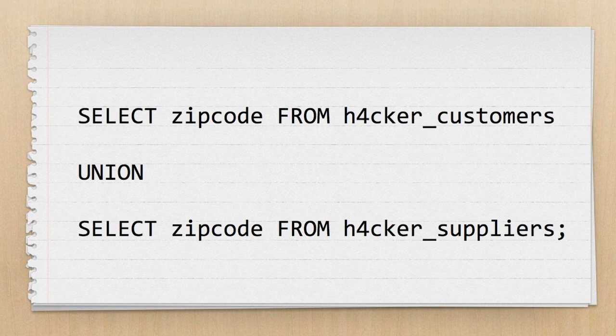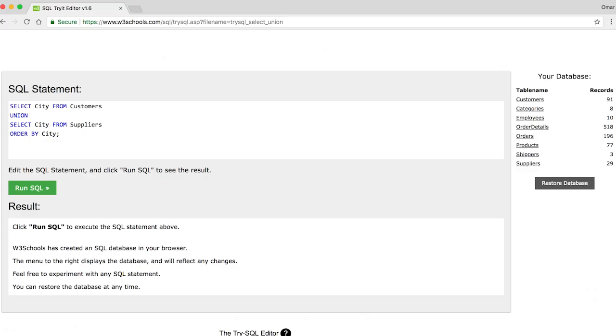So those are the two tables. By default, the union operator selects only distinct values, so you can use union all to allow for duplicate values, right? Now, again, you can practice union operators in the TrySQL site and tool.